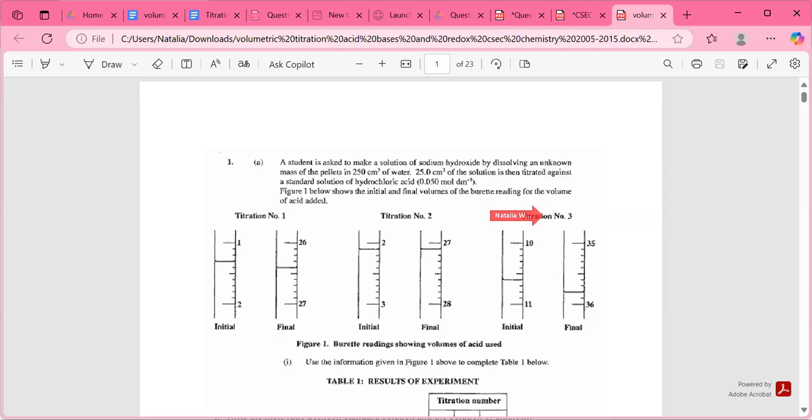A student is asked to make a standard solution.